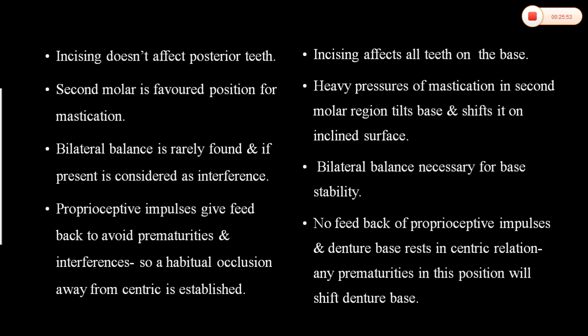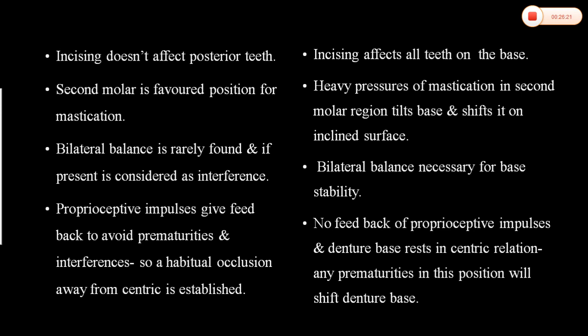We should ask the patient not to bite with the front teeth. In natural dentition, the second molar is the favored position for mastication. Whereas in artificial dentition, heavy pressure of mastication in the second molar region tilts the bases and shifts them on the inclined surface. So heavy pressure of mastication on artificial dentition or denture should be avoided.